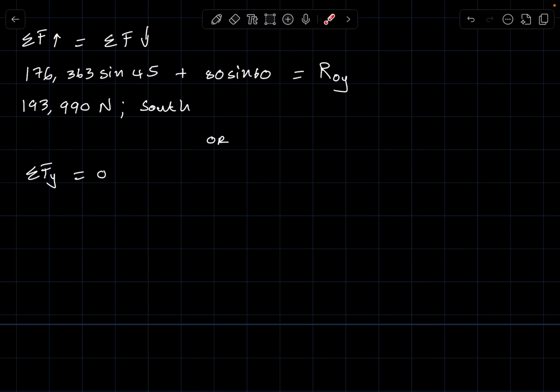Had we taken this approach, not thinking about the direction of RO, we are going to assume that RO is also positive, headed upward. Then the calculation will tell you if the assumption is correct or not. So this would have been positive 176,363 sine 45. We know this one is headed upward, hence positive. This one is also headed upward, so it's positive, and then we say plus the vertical component of the reaction force is equal to 0.